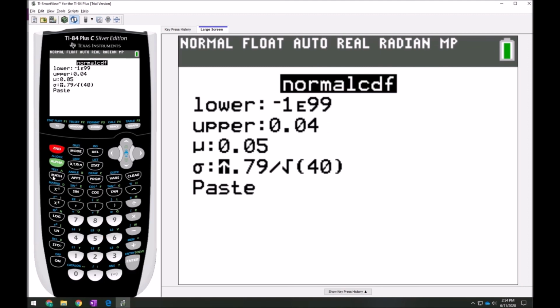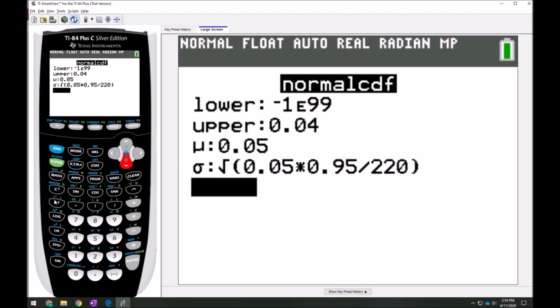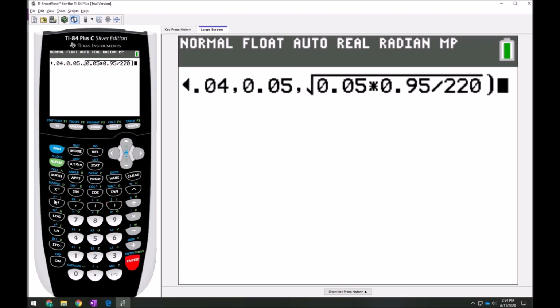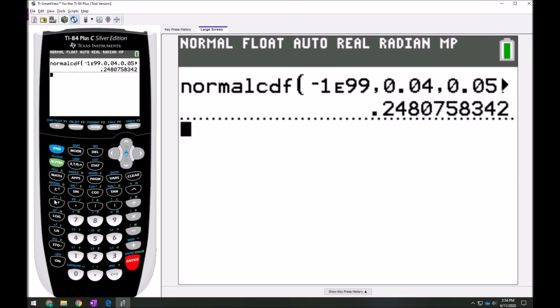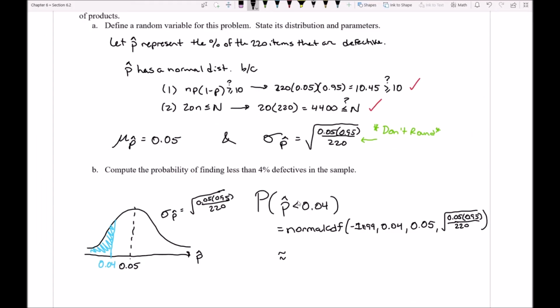And notice here I have to do square root of 0.05 times 0.95 divided by 220. I paste that, hit enter, and I get a value of 0.2481. Okay, so I get 0.2481. Great, so this is it. Hopefully this feels unbelievably similar to everything we did with normal distributions in the past.